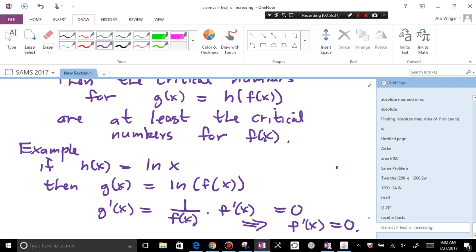And that shouldn't change if I give you g equals h of f of x, we know what the chain rule says, and I think it comes pretty easily. Right? So the question is, how are you going to write that in words? Right? So that the critical numbers for g are at least the critical numbers for f.